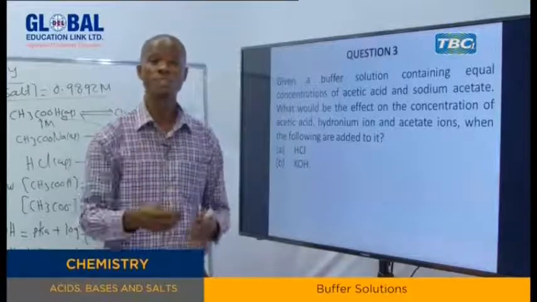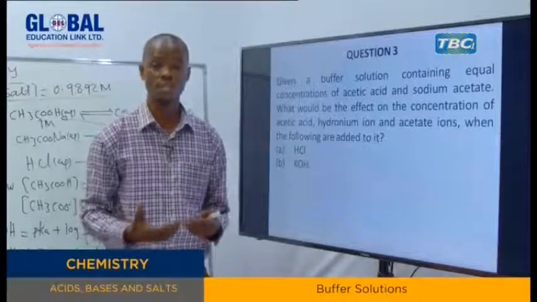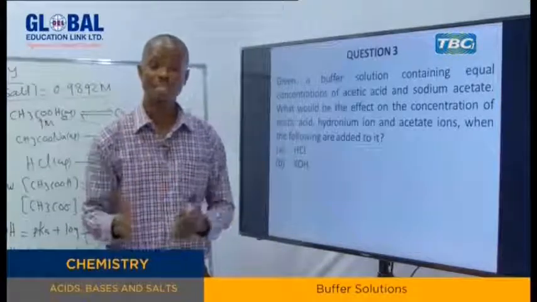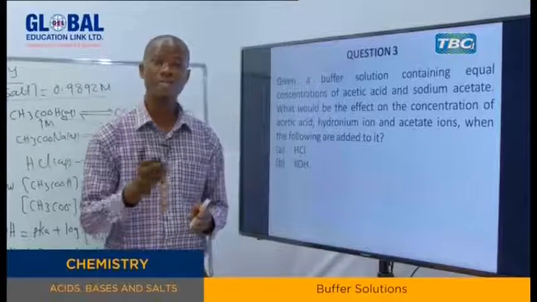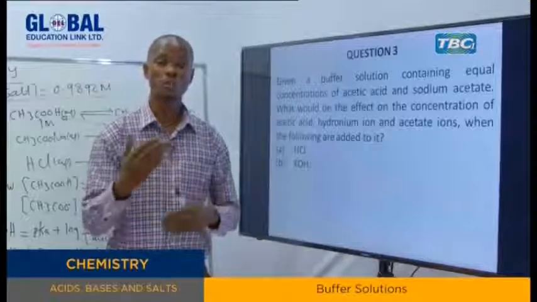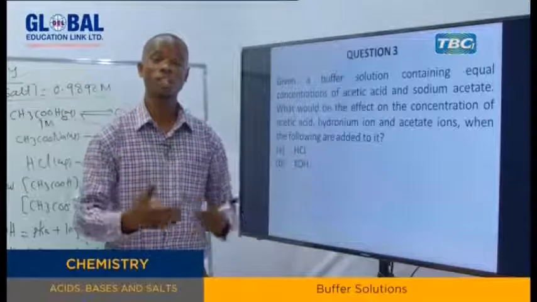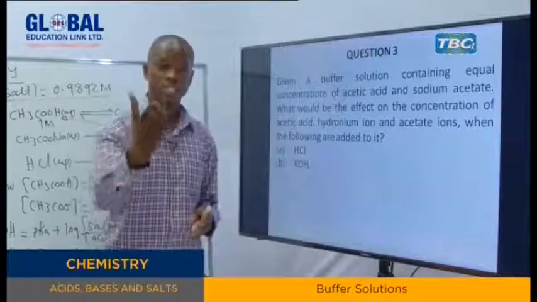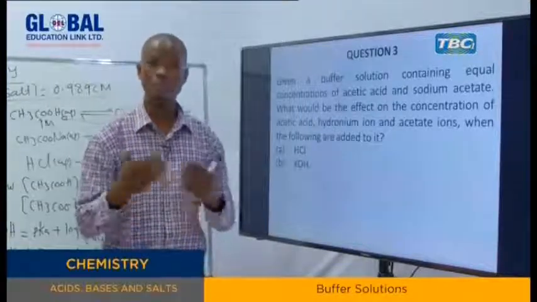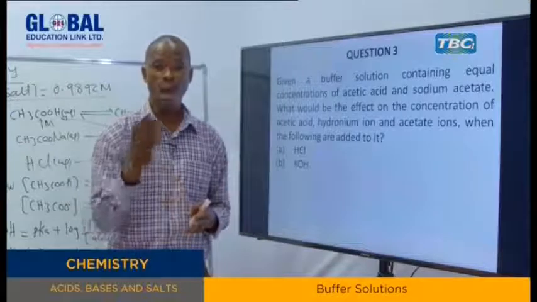It is also used in the brewery industry. For example, before fermentation, buffer solution is added in order to balance the pH, so as not to make the solution too acidic. It can be used in baby lotion. Why?